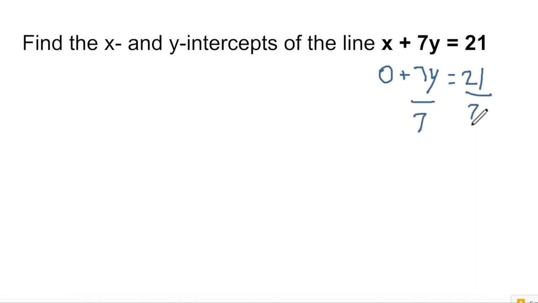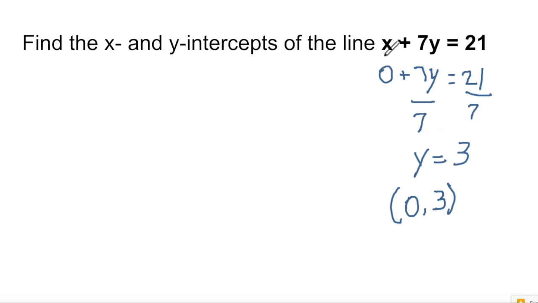These two 7's on the left cancel each other out. We get y equals 21 divided by 7, which is y equals 3. 21 over 7 is 3, right? So (0, 3) is one intercept. That's the y-intercept, right?